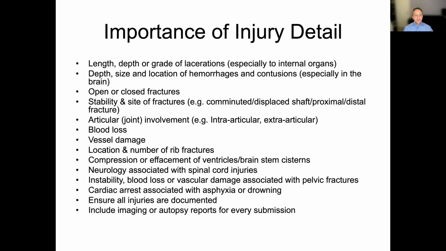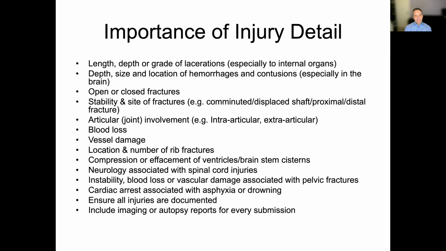So I'm not going to go through all of this, but the point is that it's important to get a lot of granular injury detail. And these can be obtained in a number of different ways, which I'll discuss in the subsequent slides. The reason for that is because the more detail you get for your injuries, the more precise your AIS is going to be, and you'll also be minimizing misclassification of injury severity.